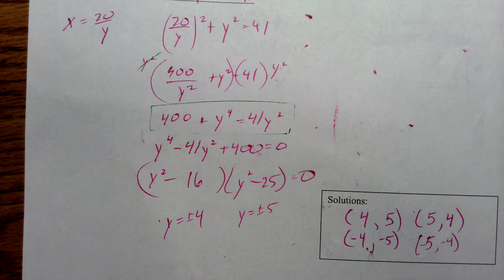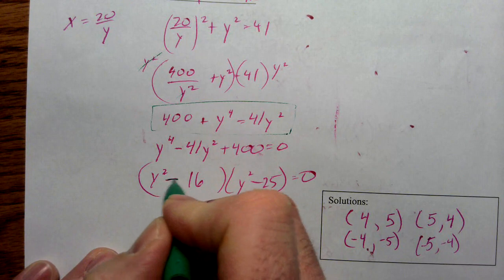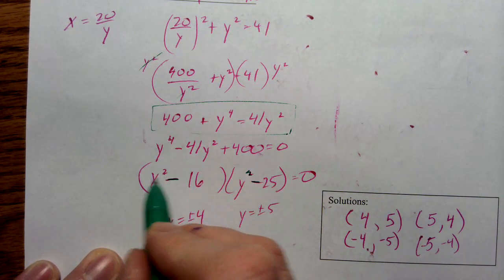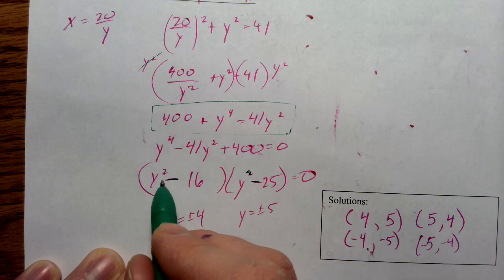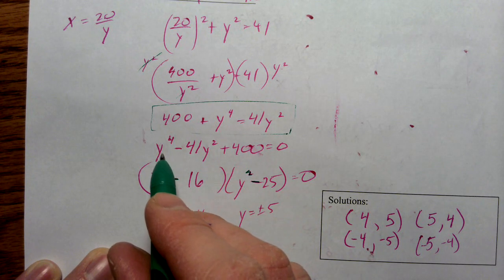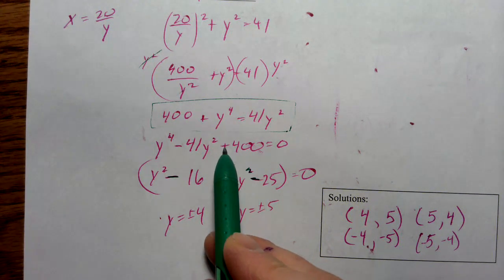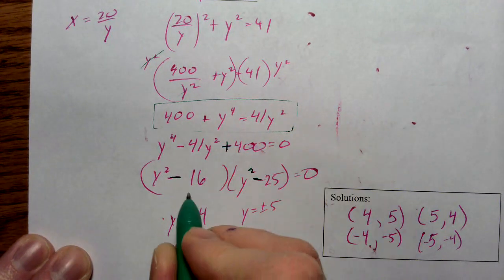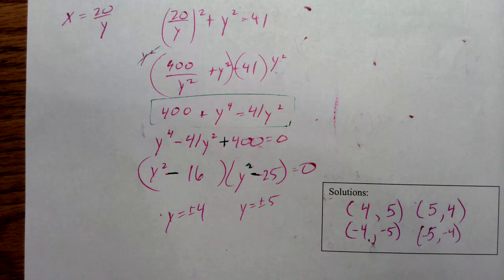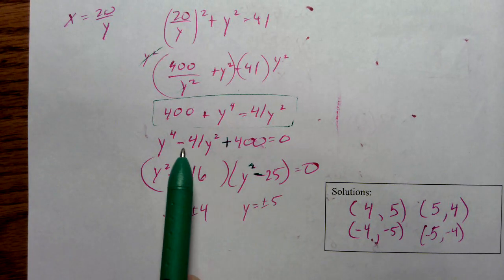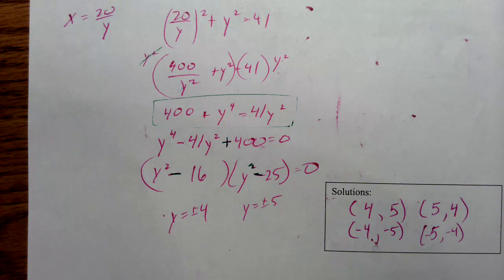By doing a bunch of these problems, you really got to, I mean, if you were like, man, factors of 400 that get me to 41, you have to have, when you factor, a minus and a minus, okay? So y to the fourth, this is literally a trinomial, and you have y squared times y squared to get to y to the fourth, but you have a minus and a minus because you have to get a plus. Two factors are going to multiply together to give me that number. You have to have either two positives or two negatives. Well, since there's a negative 41, we got two negatives.